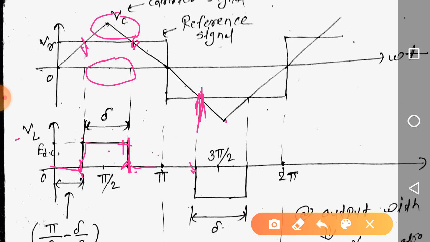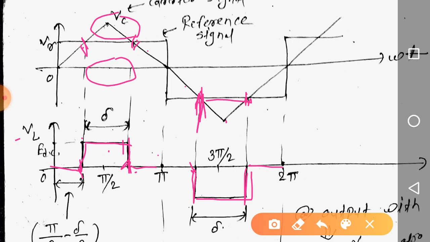When S3, S4 are turned on, in the output we will be getting minus EDC. This will continue till this instant. During this interval, VC is greater than VR, so the output voltage will be minus EDC. And after this instant, again VC becomes less than VR, so the output voltage will be 0.